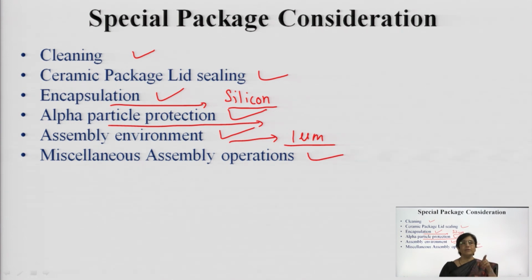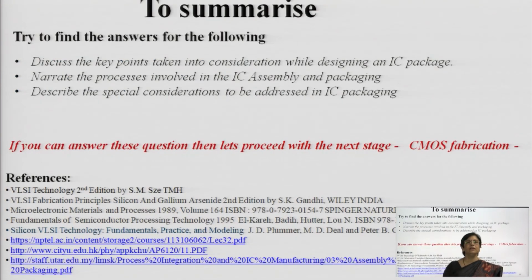When you carry out encapsulation, you ensure that there is no moisture also. In fact, in ceramic lead packaging also, you have to ensure that the sealing prevents any moisture from coming in contact with the interconnects or leads or the wire bonding process, which is connecting the IC to the outside world. So, these are the miscellaneous processes.